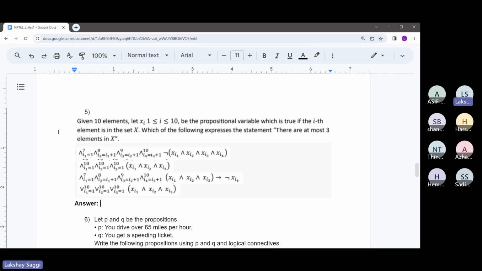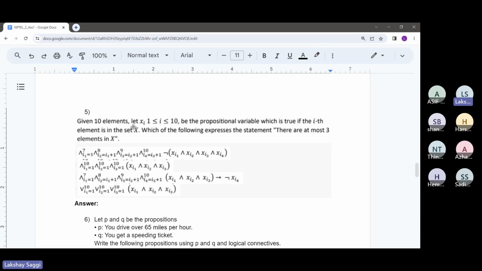So what option A is doing is it's taking an and over all possible I1, I2, I3, I4. So it's choosing any four elements xi1, xi2, xi3, xi4, and it's saying xi1 is present and xi2 is present and xi3 is present and xi4 is present. So it's saying that four elements I1, I2, I3, and I4 are present, and it has a not in front.